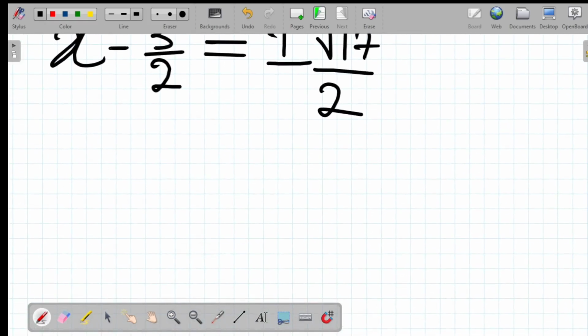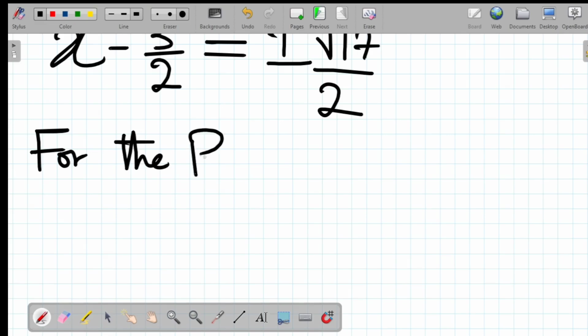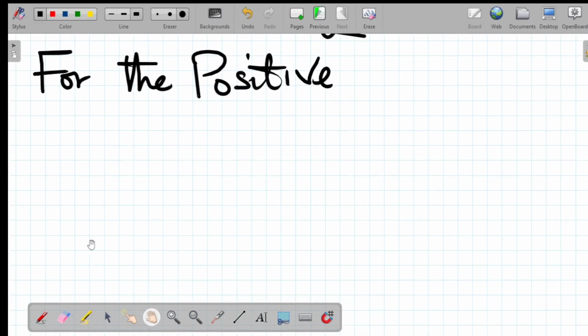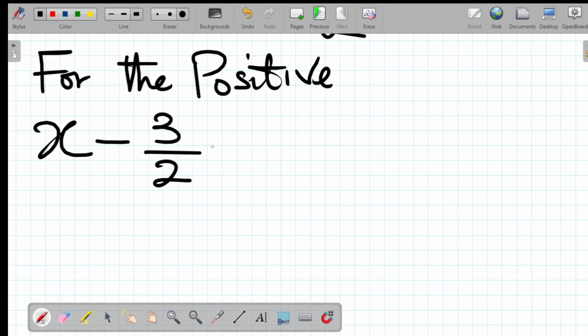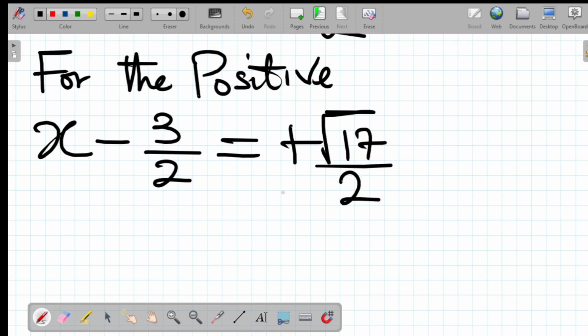Now, for the positive, x minus 3 all over 2 is equal to plus square root of 17 all over 2.